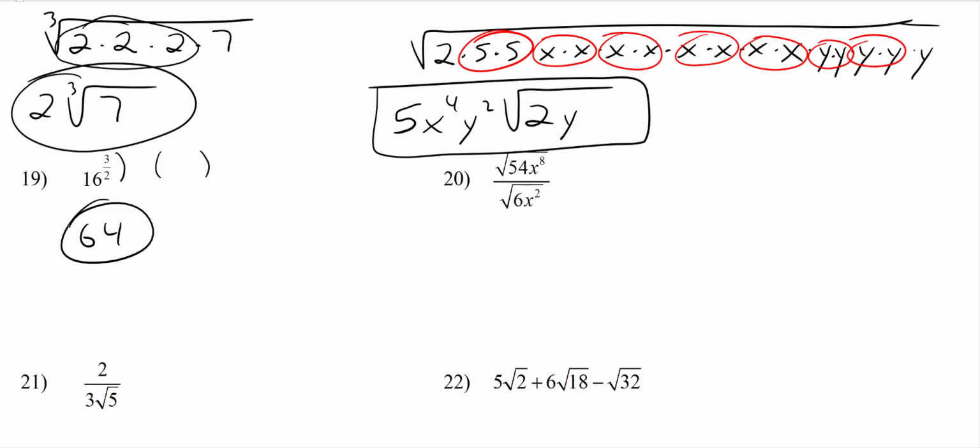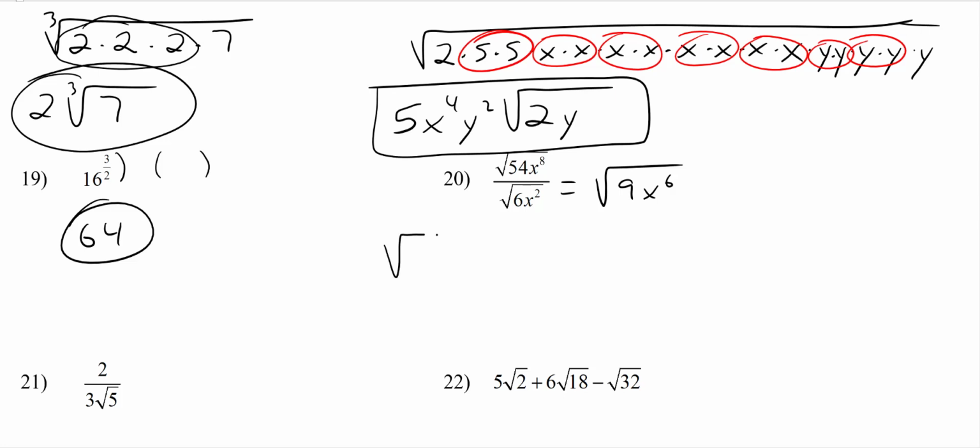This next one, guys, you have to look, as opposed to trying to take the square root of 54 and the square root of 6, look: 54 divided by 6. It's a fraction. If you want to use your calculator, the fraction button, 54 over 6 is 9. So it's 9, and do battle. x to the 8th over x squared, the top wins by 6. That's what you have.